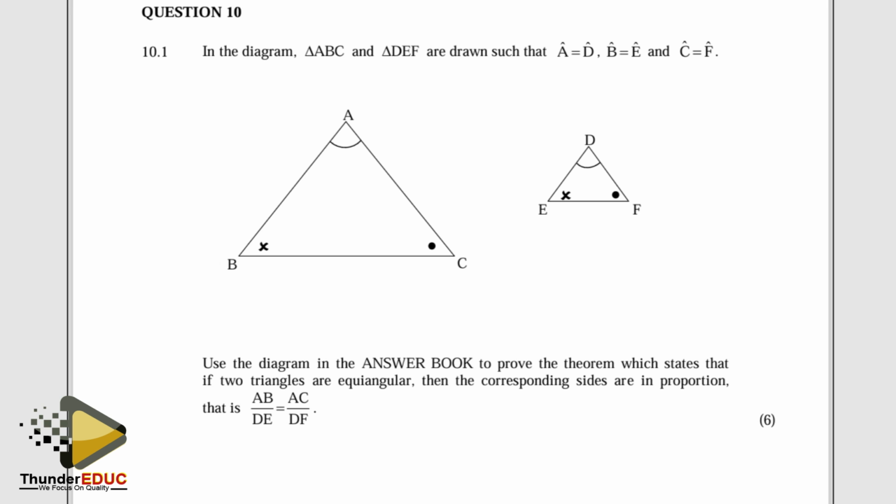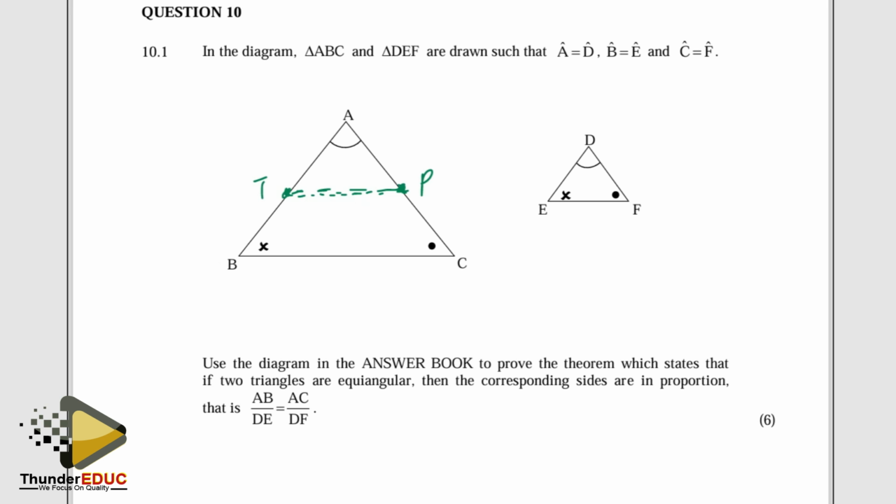What we do normally is construct a line such that this is a midpoint of that, and this is also a midpoint of that line. So if I call this T and P, I can say construct a line TP such that T lies at the midpoint of AB, and P lies at the midpoint of BC.